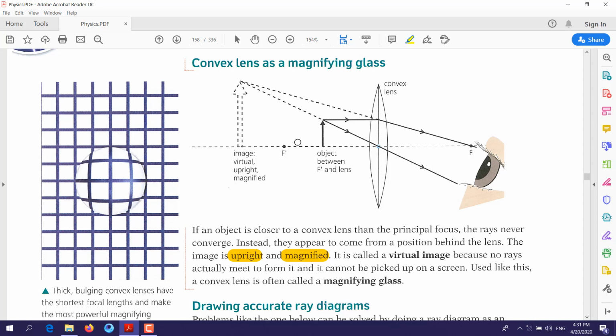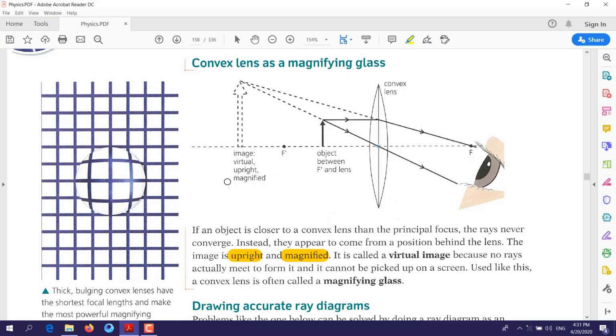Usually, objects are placed behind the principal focus, so we have object, principal focus, and lens. But here it's opposite. The object is closer to the convex lens than the principal focus.